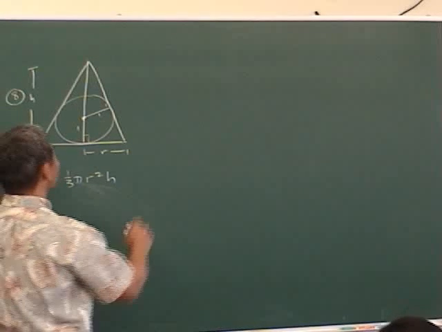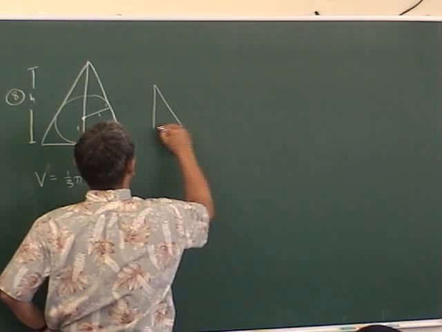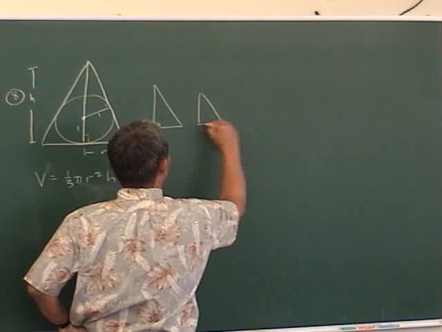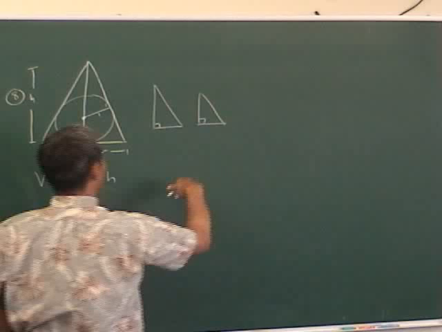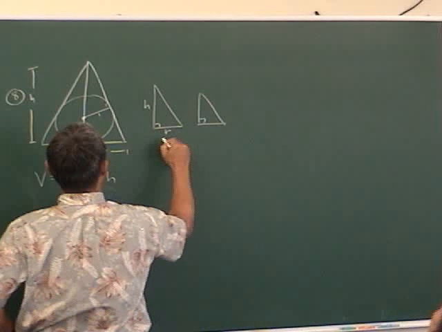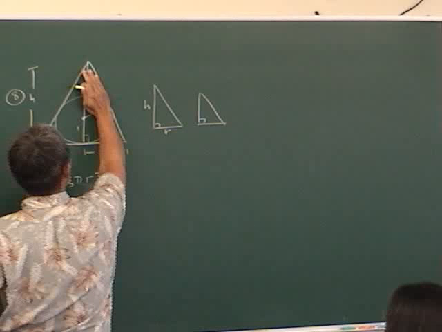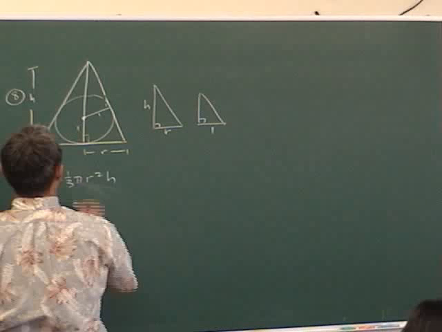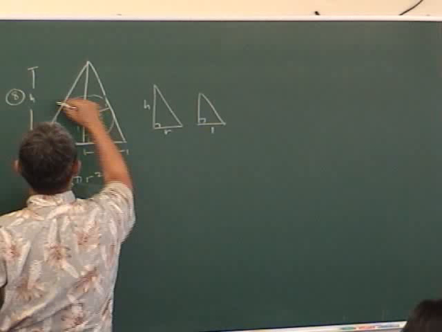Similar triangles, and I keep telling you guys, if you have problems, draw the Papa Bear and the Mama Bear, whatever, separately. So in the Papa Bear, this is h and r. In the Baby Bear, you got to flip it over like that. That's 1. So what do I do? Well, if this is h and that's 1, isn't this part here h minus 1?